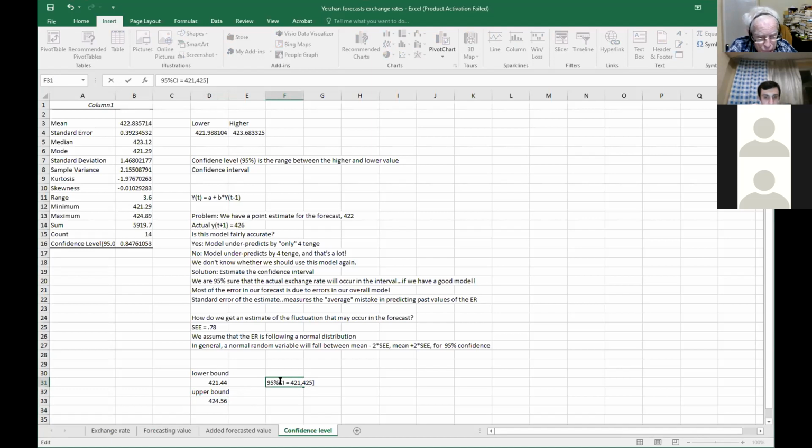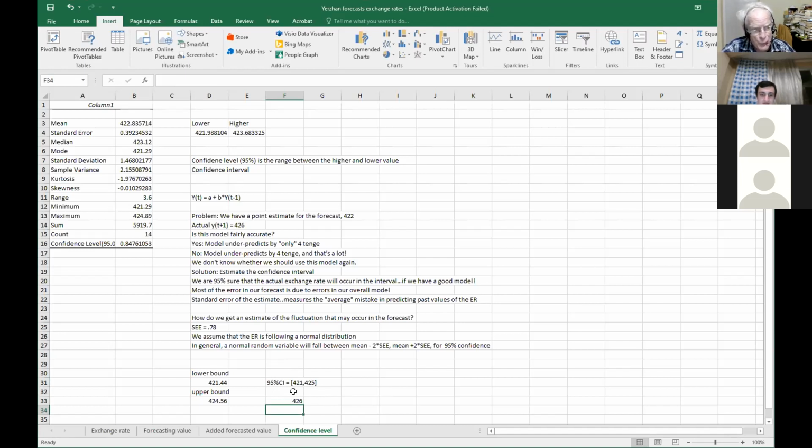So the actual exchange rate was 426. Do we have a good model or a bad model in this case? Bad model. Maybe. I mean, it's just very close. The upper bound was 425. We were almost there.